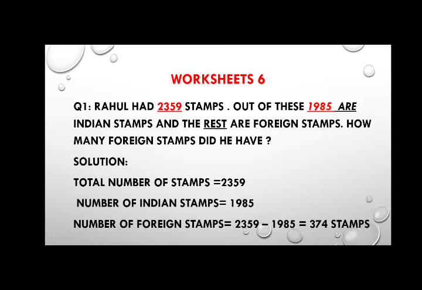Number of foreign stamps is equal to... how are we going to find out how many foreign stamps Rahul had? We are going to subtract the number of Indian stamps from the total stamps he has. So subtract 1985 from 2359, and your answer is 374 stamps.